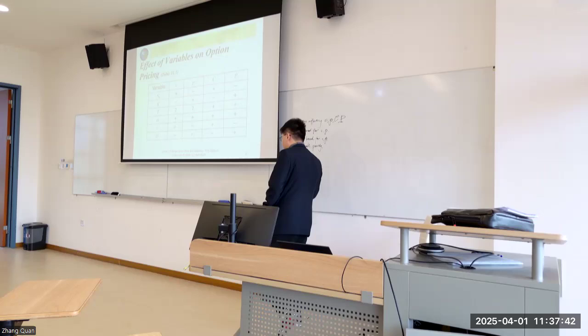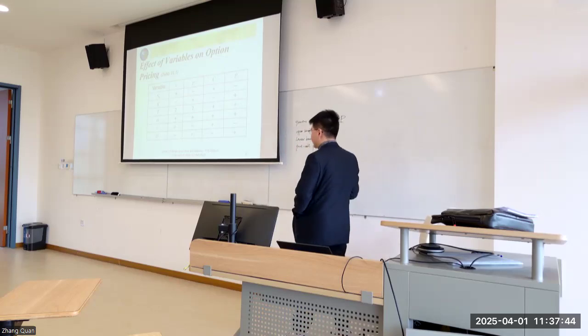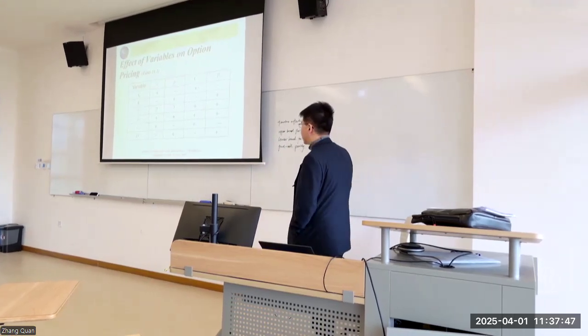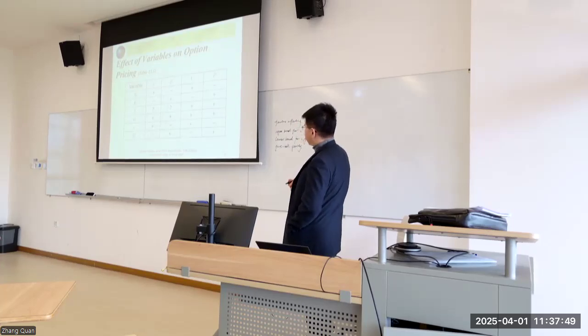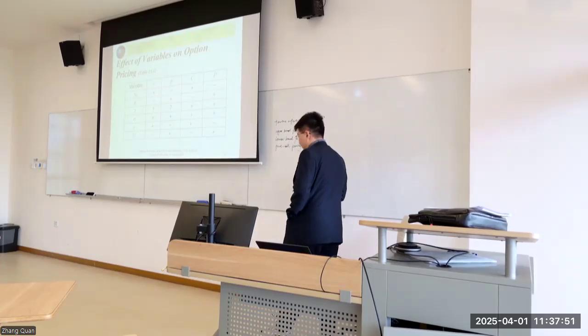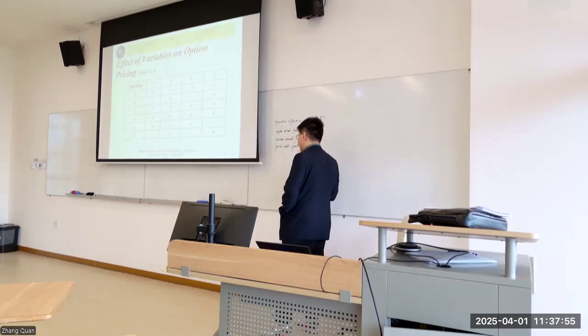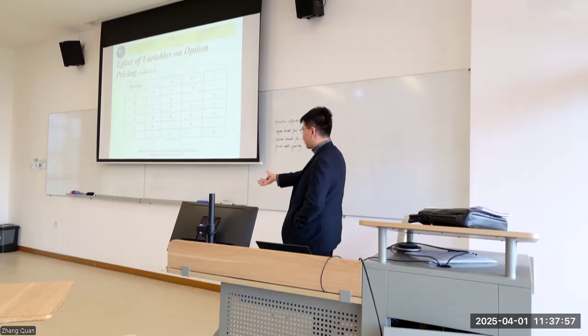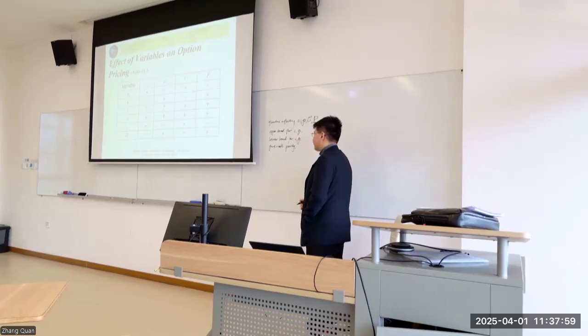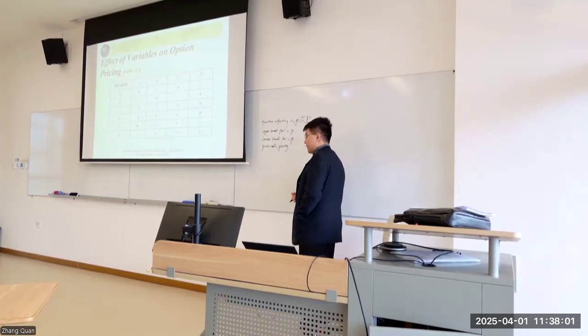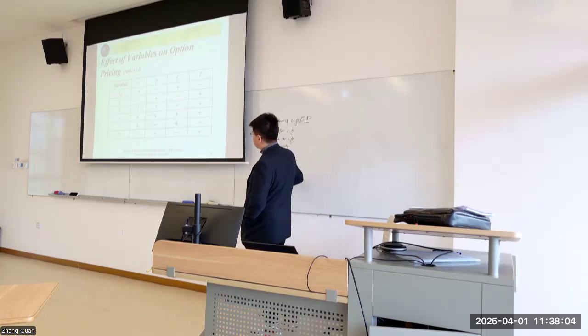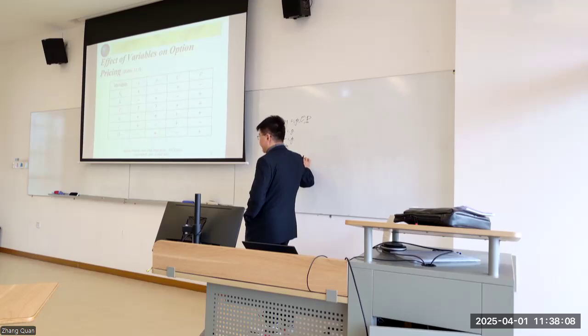If all else remains equal, and the current stock price gets higher, then typically your call option should have higher intrinsic value, and if the time value is still there, the option is better off overall. So there is a positive relationship between S0, the current stock price, and the call option price.